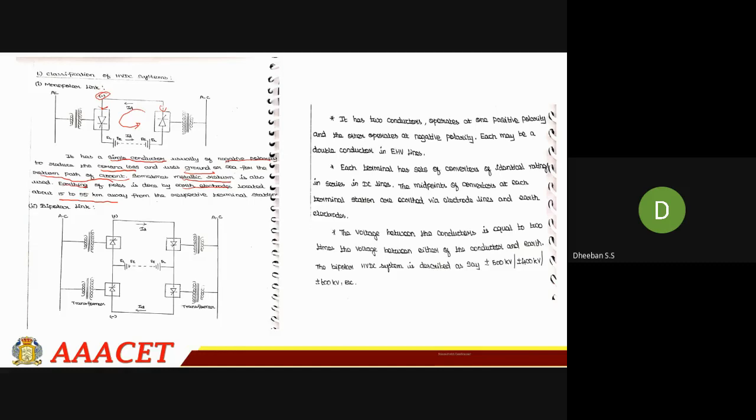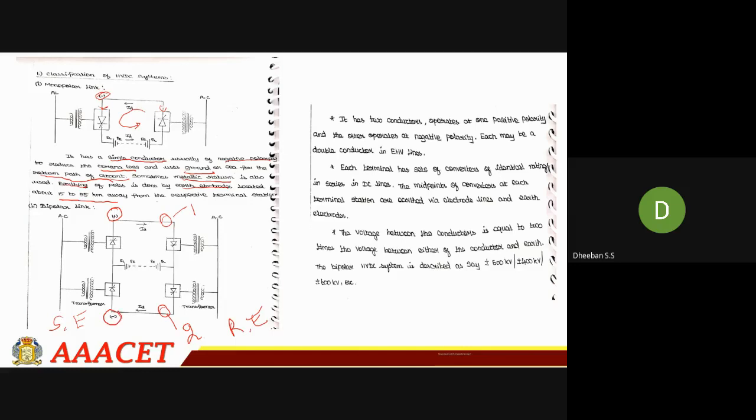Next, coming to the bipolar link. Generally this will be your sending end, and this will be your receiving end. In a bipolar link, there will be two conductors. One conductor is maintained at positive polarity and the other at negative polarity.